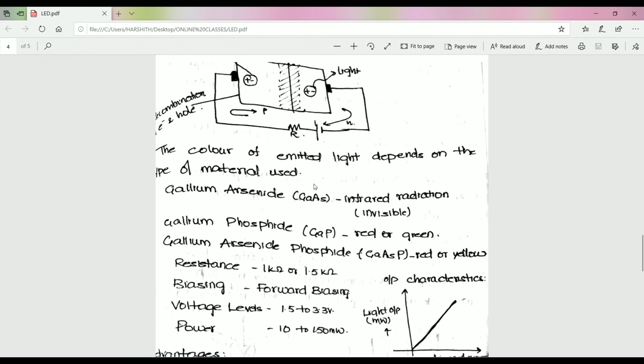When the diode is forward biased, holes from the P type and electrons from the N type both get driven into the active region, the middle region, and when they recombine, light is emitted.